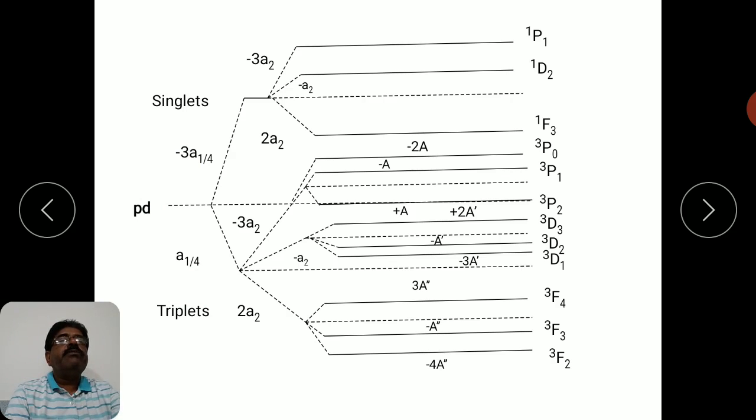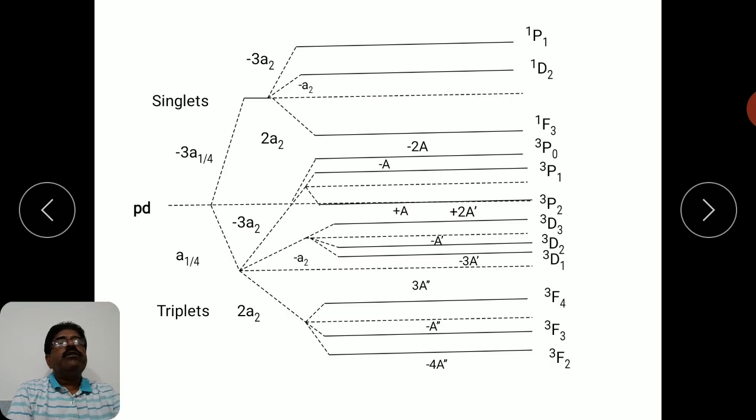You can see this is the imaginary central line, and from this, how much it is deviating, the first shift is given by minus 3a1/4 and a1/4. Now the second splitting occurs here. Once it comes here, there are 3 splittings, minus 3a2, minus a2 and 2a2. So these are the 3 special representations here in this diagram. The same coefficients you can see here, minus a2, minus 3a2 and 2a2.